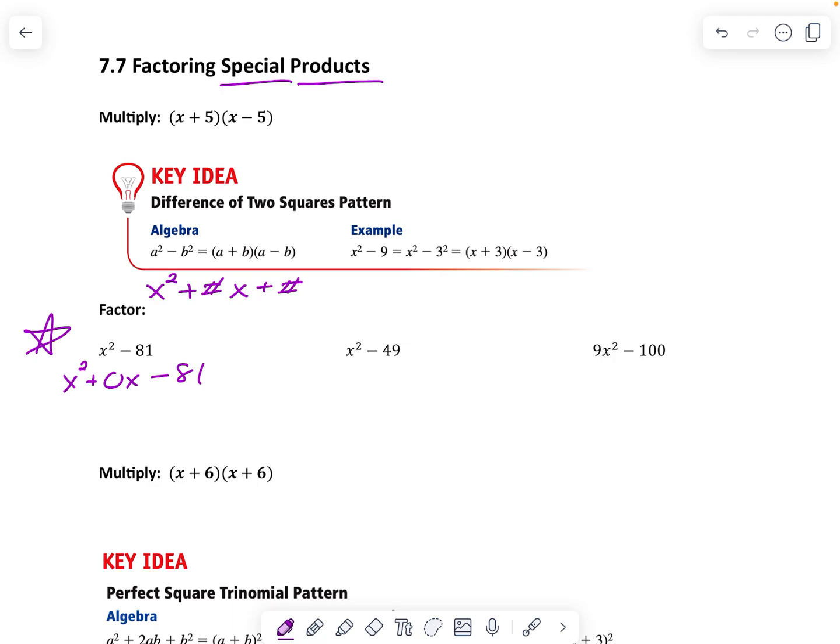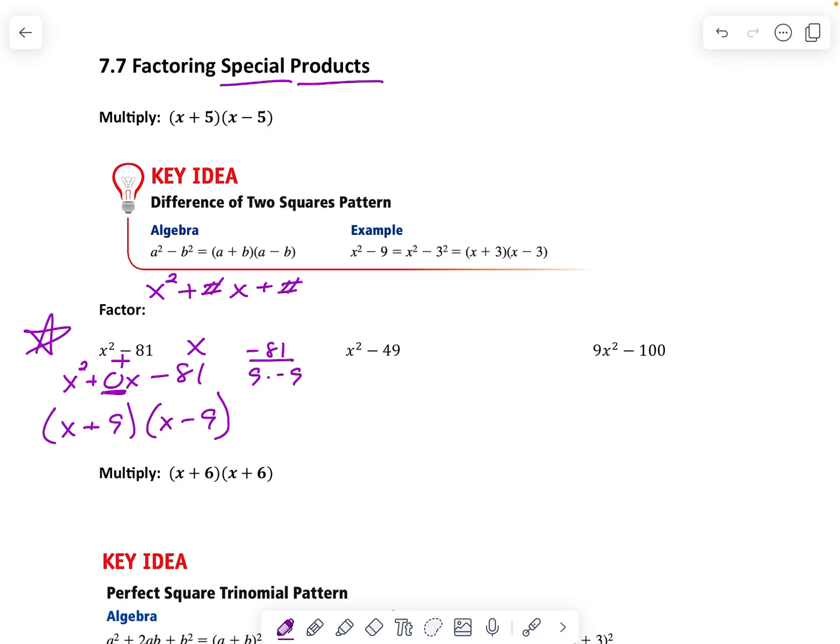So same idea, we want two numbers that multiply to give us negative 81, but will combine or add to be 0. In other words, there is no middle term. And so I think we can all agree that those two numbers for negative 81 would be 9 and negative 9, because 9 times negative 9 is negative 81, but 9 plus negative 9 is 0. And so that's it. It's x plus 9, x minus 9.